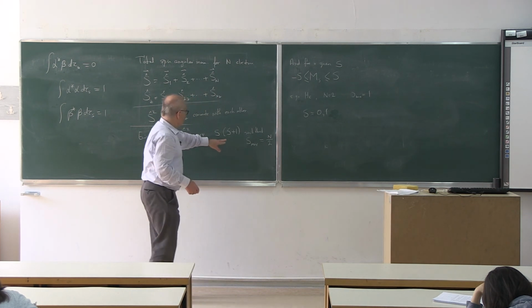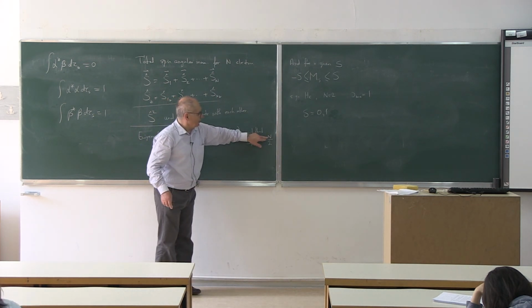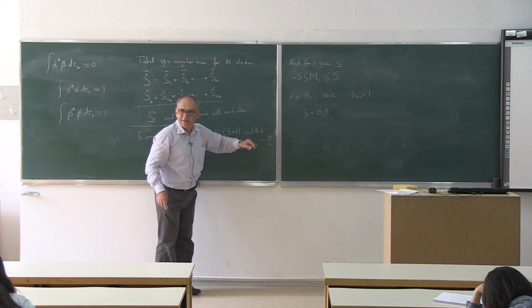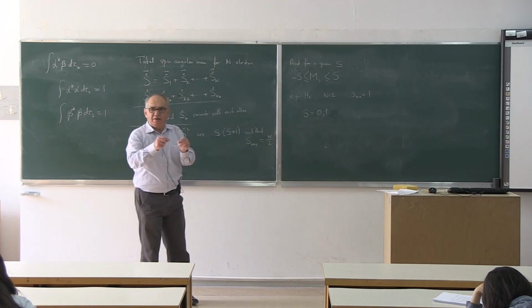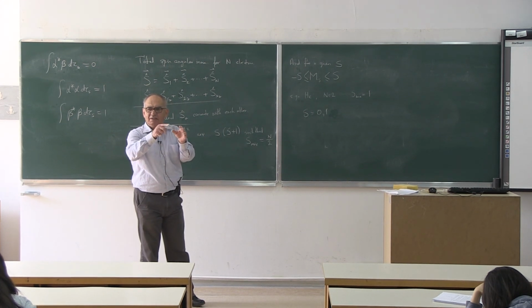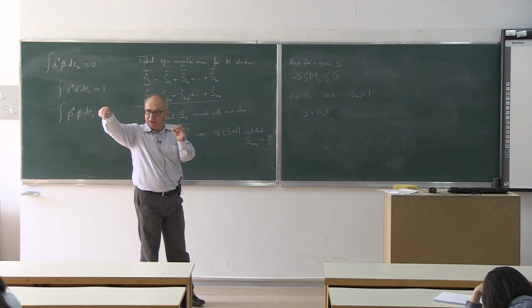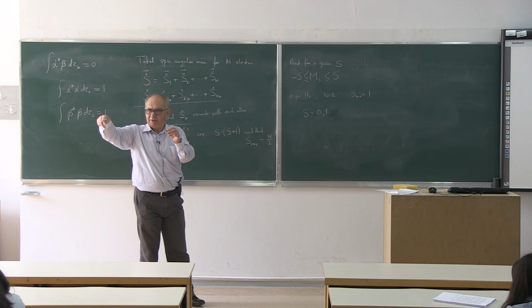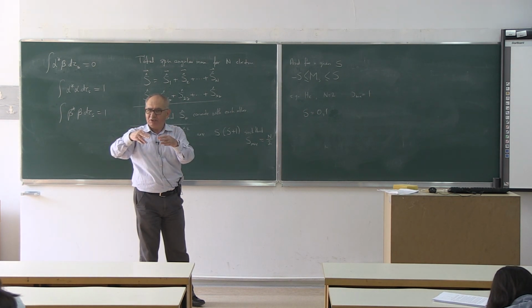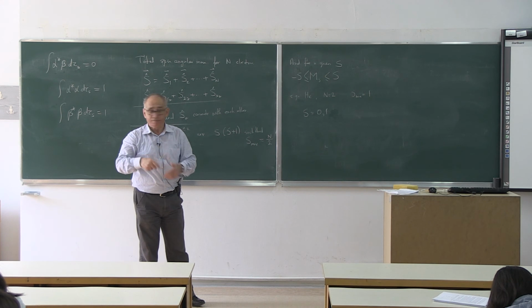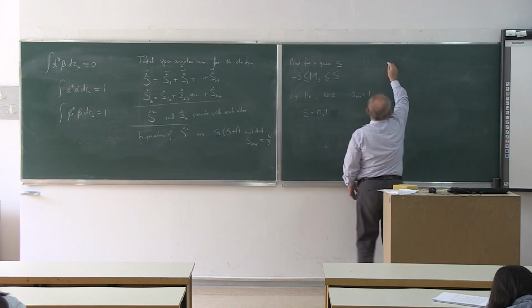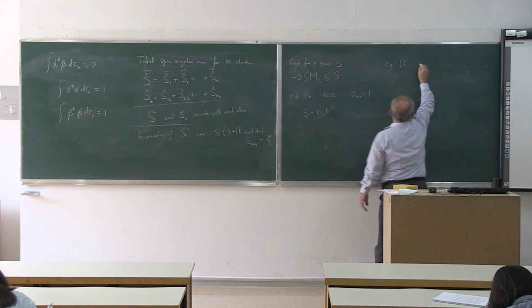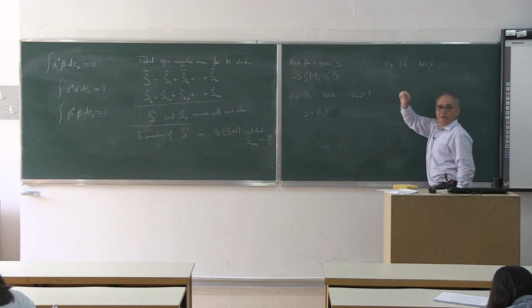So if the number of electrons here is an even number, then it can be divided by 2. In that case, the possible S values start with 0, because the maximum is also an integer: 0, 1, 2, up to n over 2. If the number of electrons is odd, like lithium atom, n is 3.